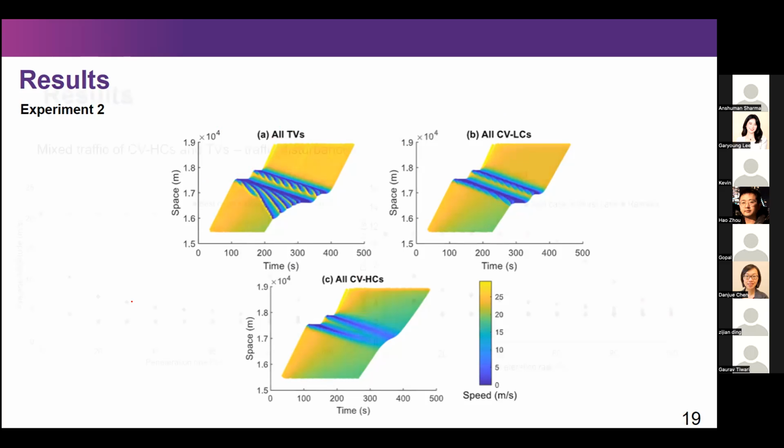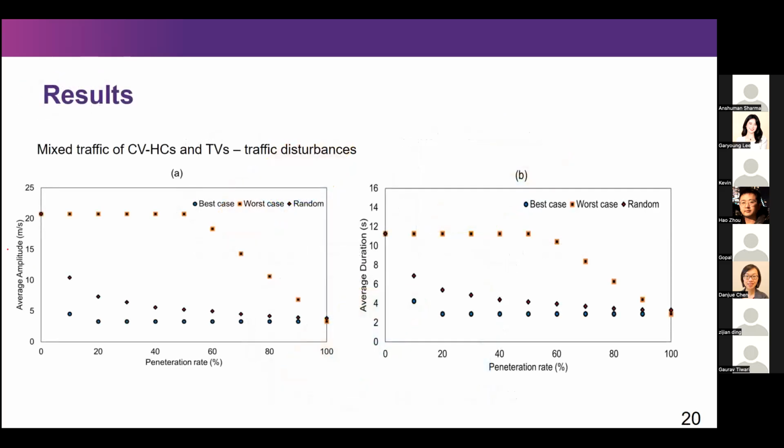Now, moving on. Here I'm focusing on the mixed traffic of connected vehicle high compliance and traditional vehicles. Let's say first is traffic disturbance. If you focus on average amplitude, what you see here is in the best case, the average amplitude reduces when the penetration is somewhere around 20, and then it basically remains at that point.